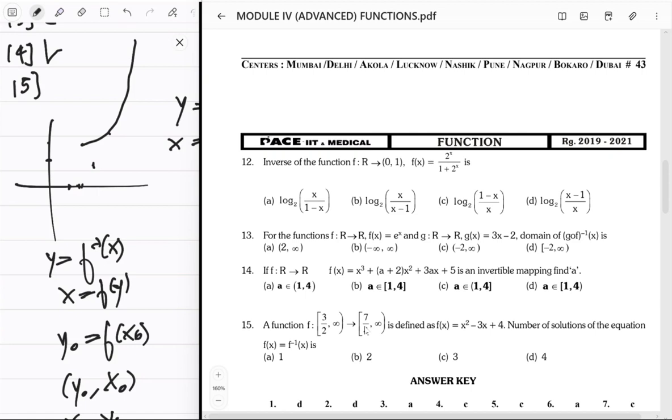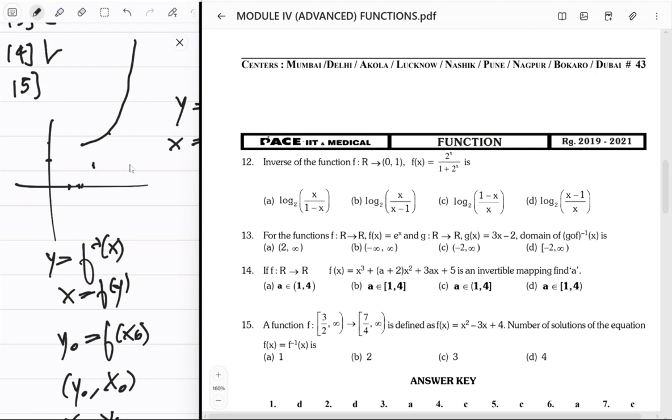Because the range of this function is bigger than or equal to 1, and the domain is also bigger than or equal to 1. When you do the f inverse thing, only these values will actually be in the domain. Does that make sense? And then once again, the range will be bigger than or equal to 1. Hey, isn't 7 by 4 less than?